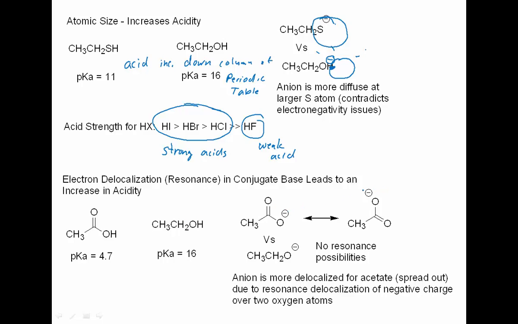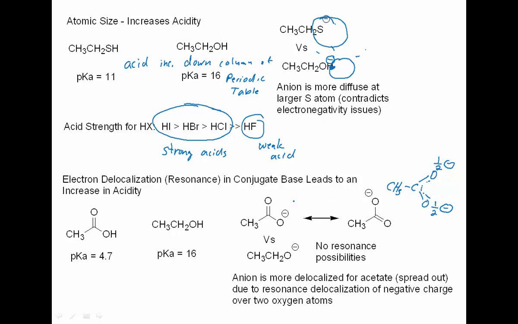Here, if we look at the resonance hybrid, there are two individual resonance forms, and what we see is that each oxygen only has to hold half of a negative.